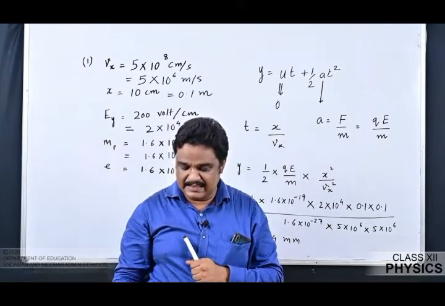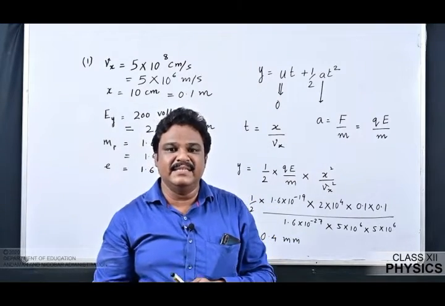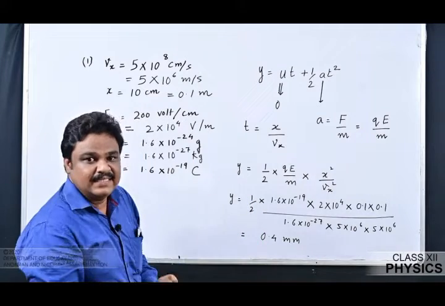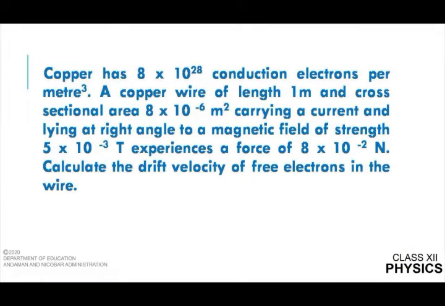So with this, I'm going to get into my next question. The next question says, copper has 8 into 10 power 28 conduction electrons per meter cube.